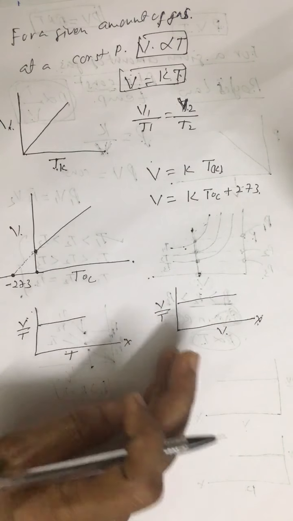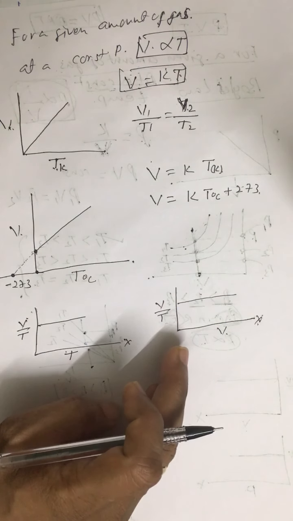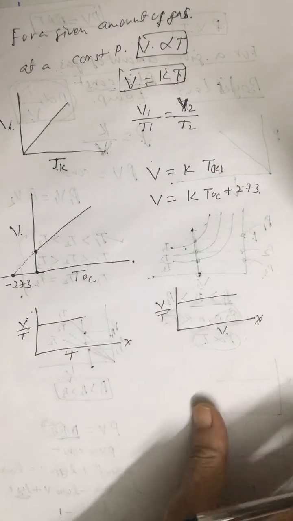V by T versus T, or V by T versus V, you get a straight line without slope and parallel to the x-axis.